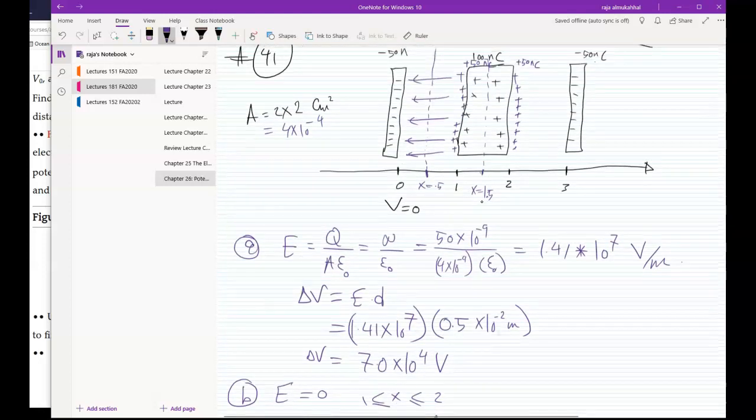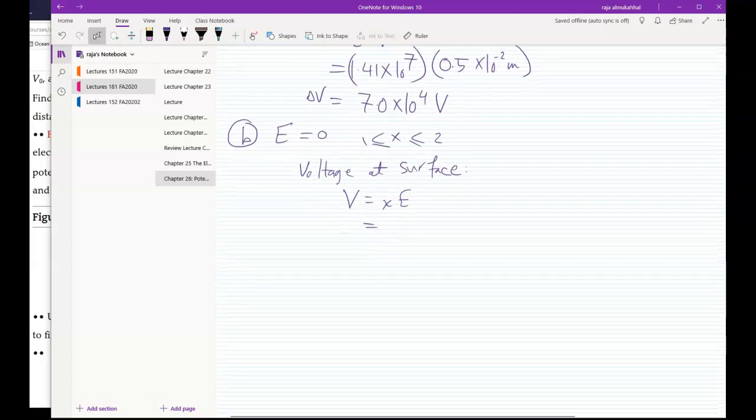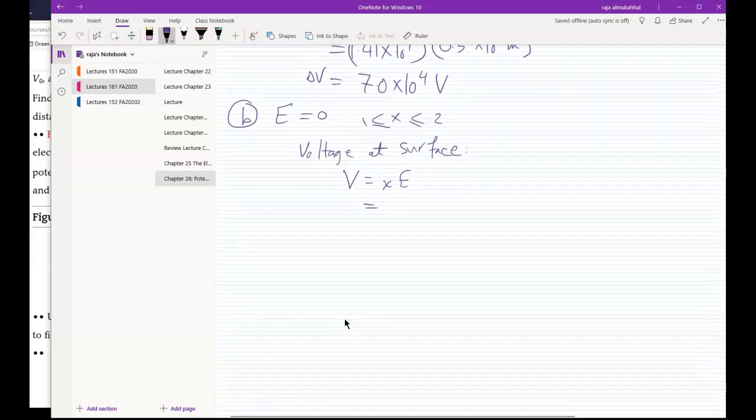Remember, we always assume that the electric field is uniform. That means the electric field at x equals half, and here, very close, is the same. The evidence for that is that the electric field is just Q over A epsilon, independent of the location. So here we have the electric field is basically this number.